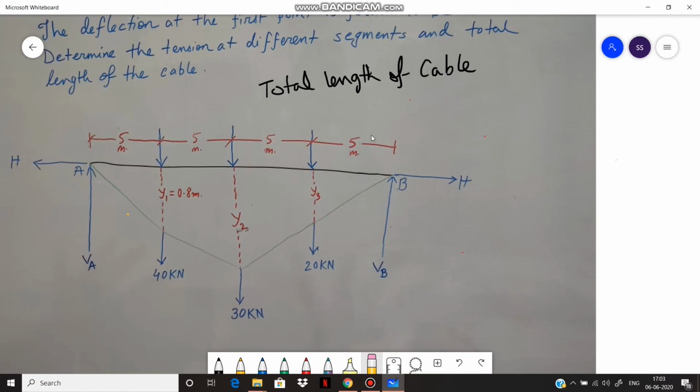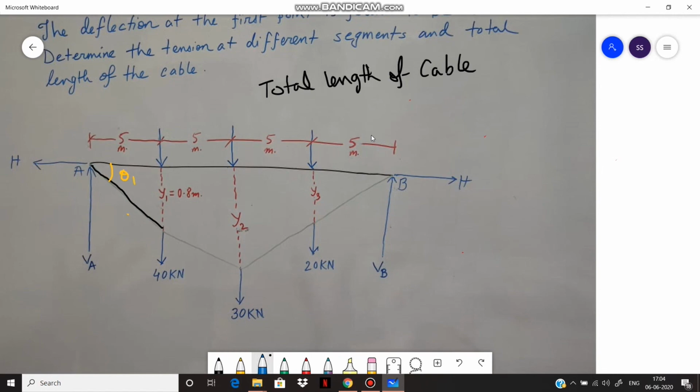So for the calculation of this portion, and we know that this is θ1.